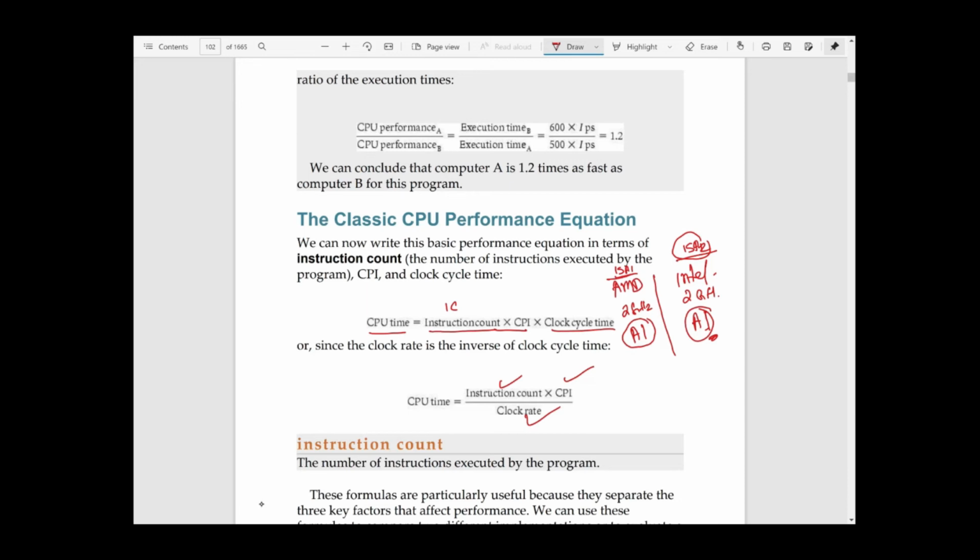Exactly when the instruction is fetched, how each processor implements this instruction at the micro level may be different, and these differences may need different amounts of cycles. That's why the cycles required per instruction depend on how each processor implements those instructions. So CPI is important, instruction count is important, and clock rate is also important to measure the performance of a CPU or to calculate the CPU time.